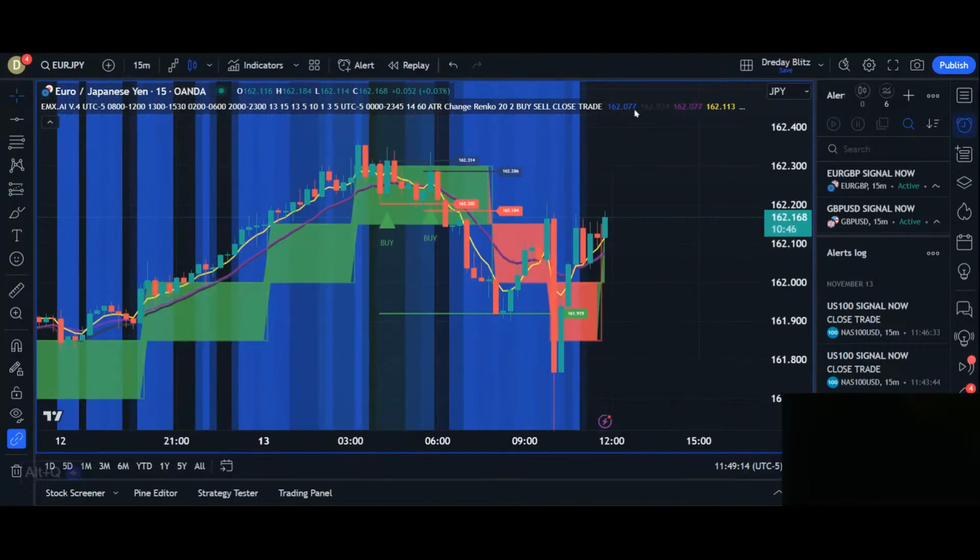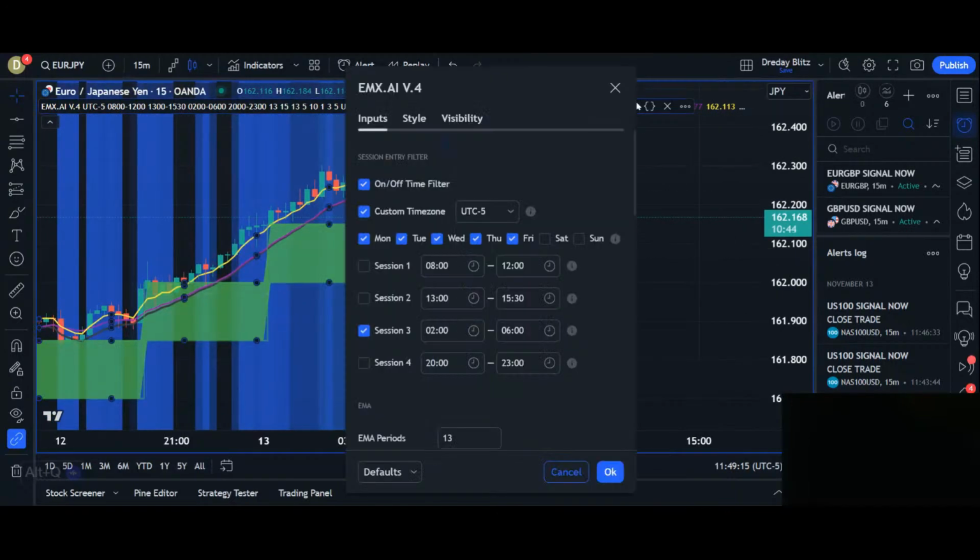I'm going to put it back the way it was, here and here.